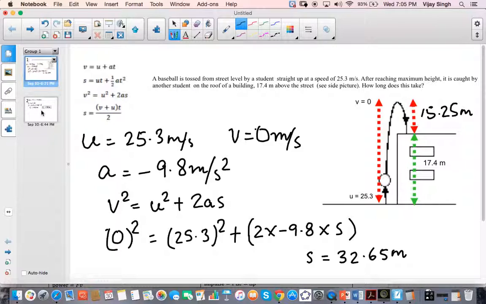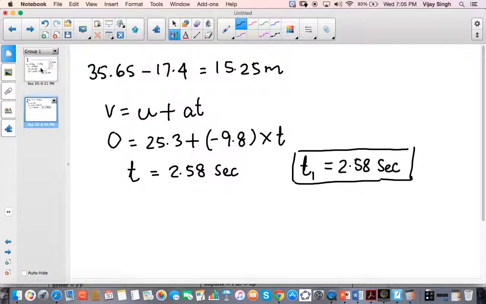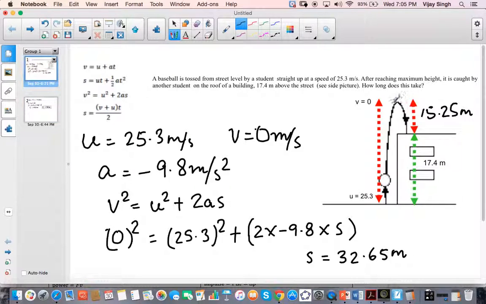So let's calculate the time it takes to go from the highest point to this particular point, which is 15.25 meters. In this part the initial velocity is 0, because the ball was at rest and then started moving. The acceleration is 9.8 and the distance is 15.25 meters.